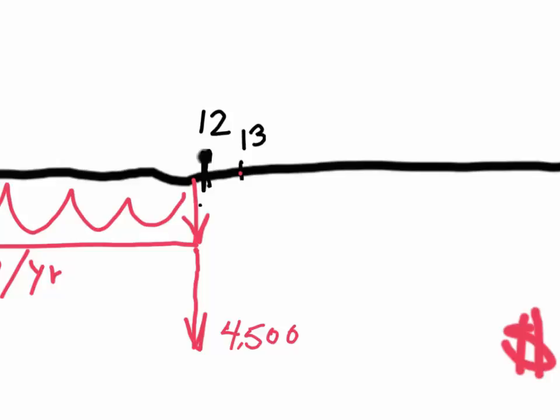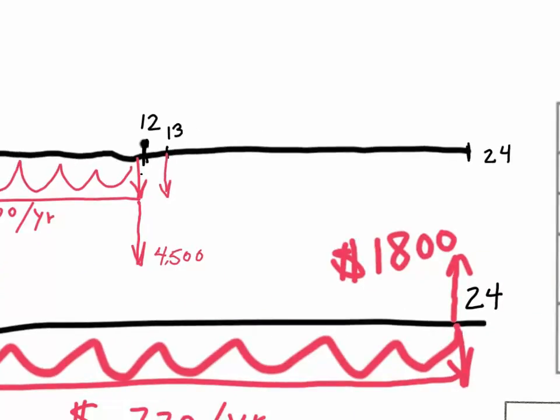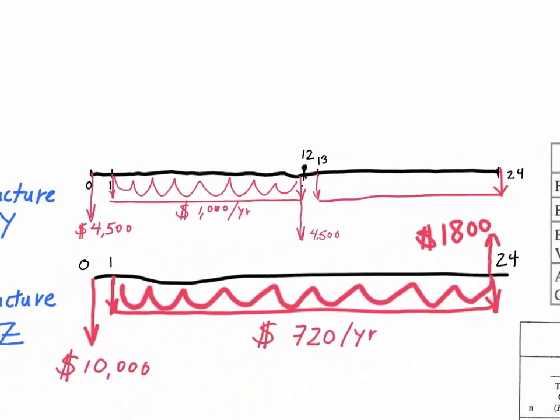And then starting from here, you will realize the maintenance for the first year of the second equipment, which is year 13. And then that will be repeated over the remaining years. So that's how it's repeated. You can see now the first cycle.